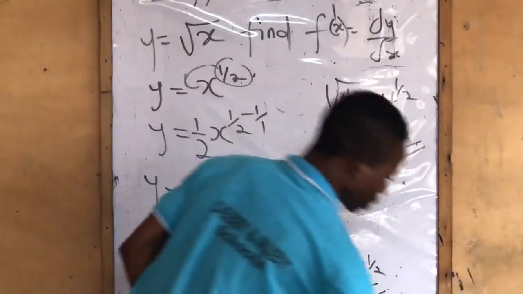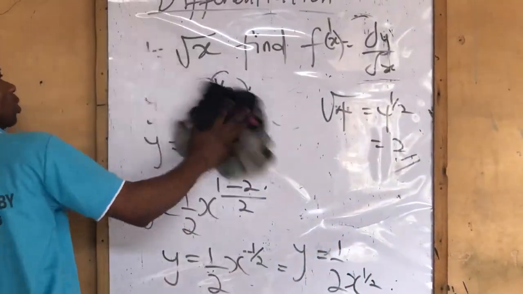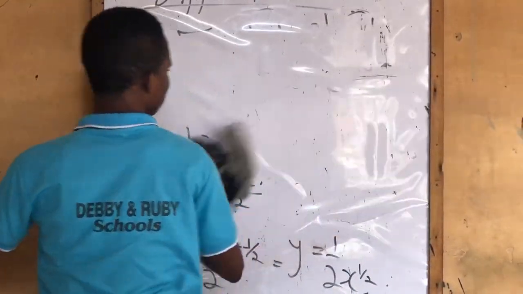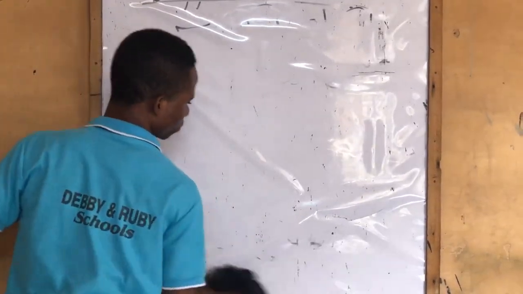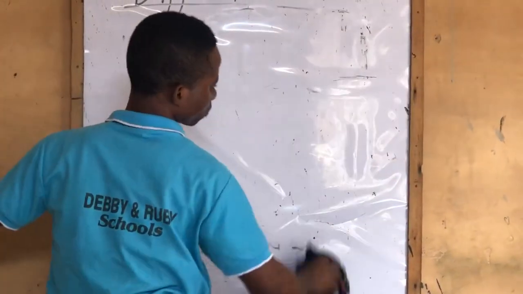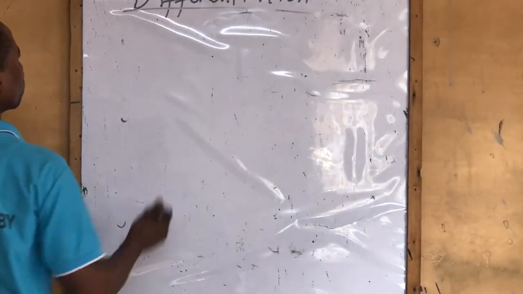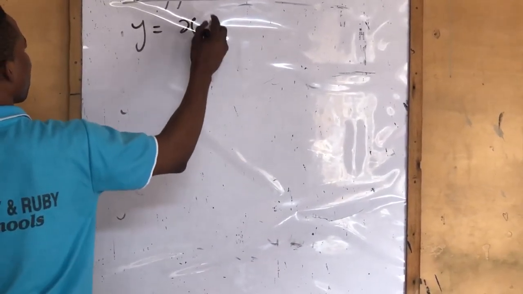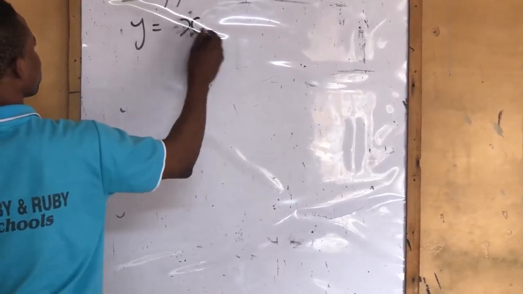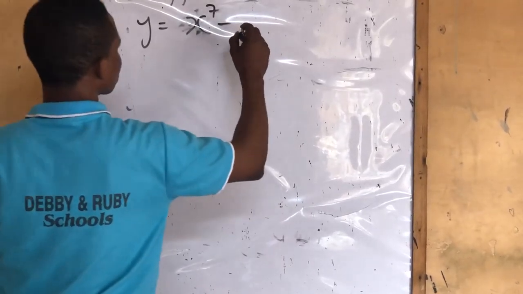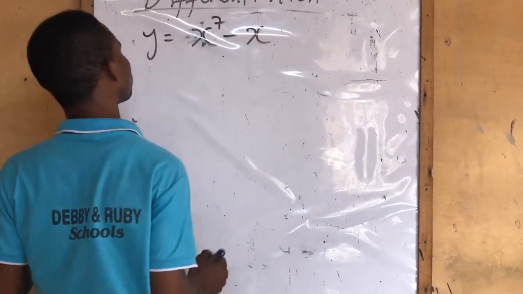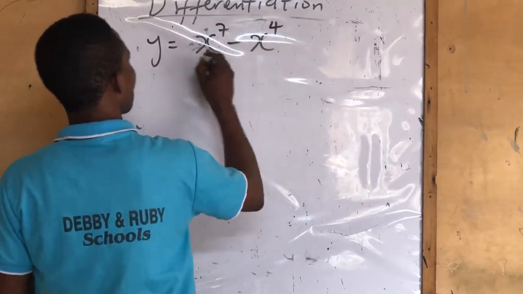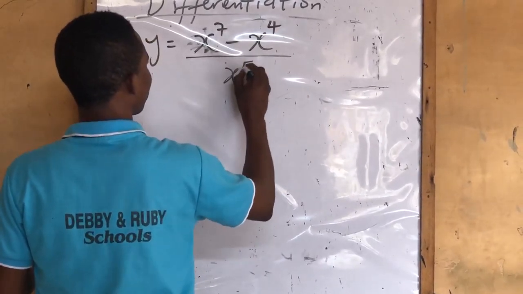Now the same thing, if they give us something like this, assuming they give us something like this, y equals to x raised to power 7 minus x raised to power 4 all over x raised to power 5.